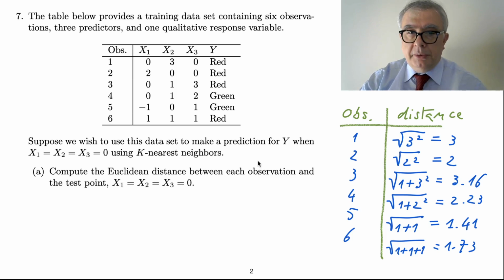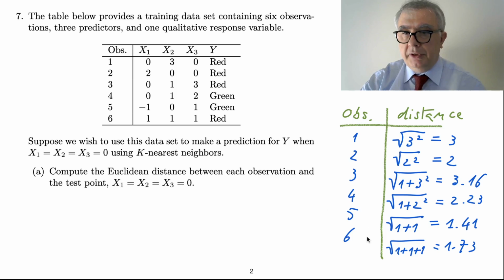Assume that we would like to use this data set to predict the label when all 3 predictors are equal to 0, and we want to do this by means of k nearest neighbors. The first step is computing the Euclidean distance between each observation and the test point x1 equal to x2 equal to x3 equal to 0.